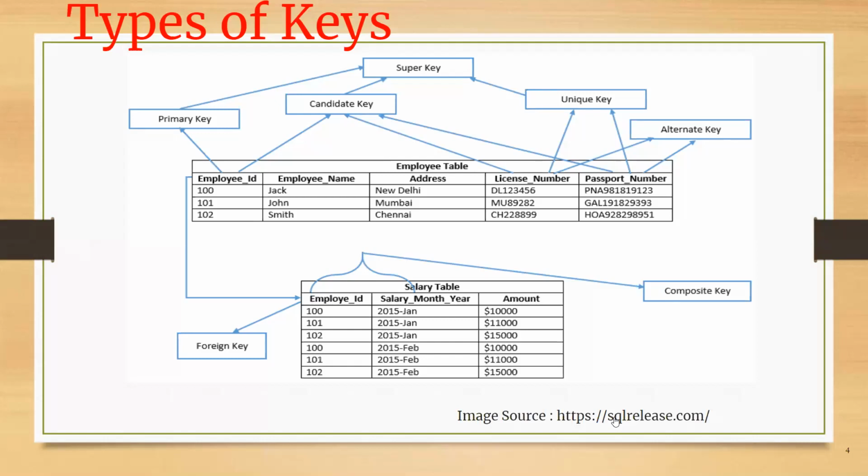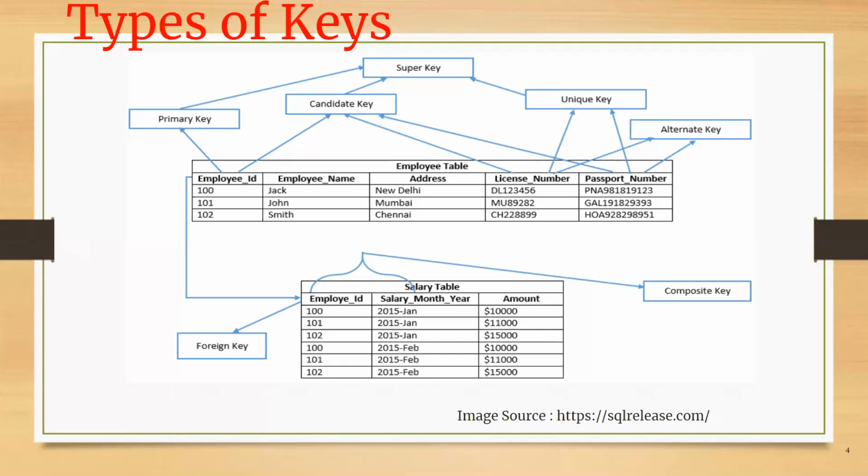Next, we are moving to composite key. When I talk about composite key, that refers to a group of two or more columns that can uniquely identify each record of the table. So here in this example, we have taken employee ID and salary month year as a composite key, which together can uniquely identify the salary table.